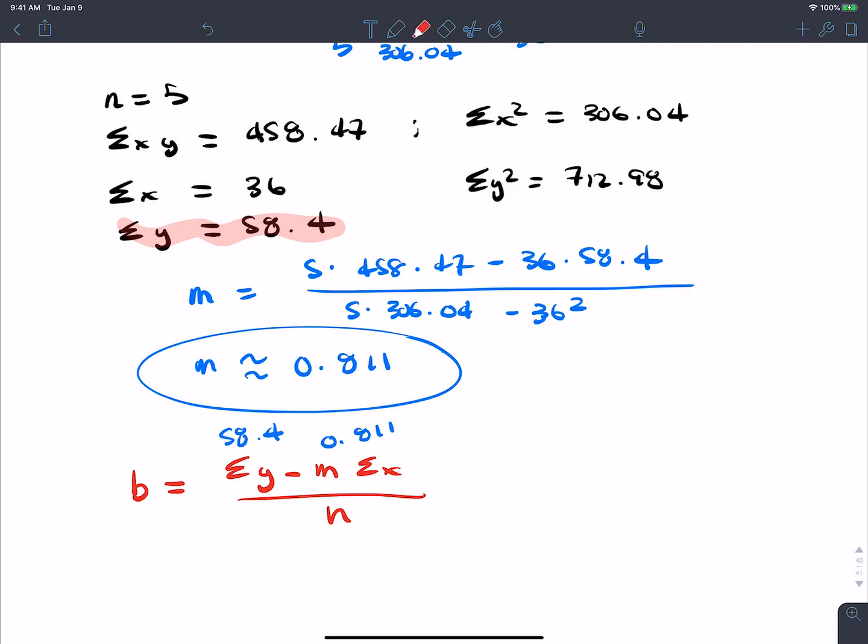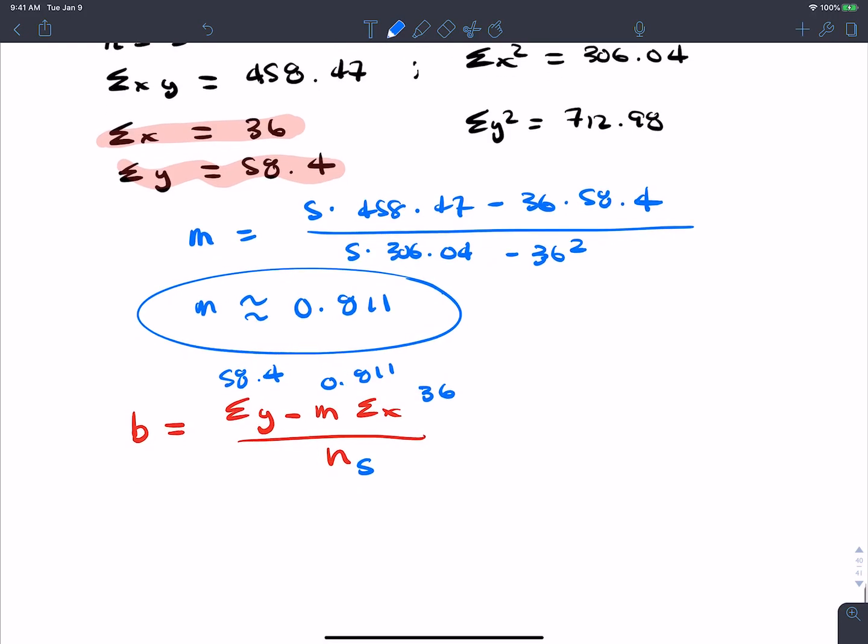I need my sum x value, and that's 36 here. What's the sample size? Is that 5? Okay. So this b value here, 58.4 minus, let's write it down here.